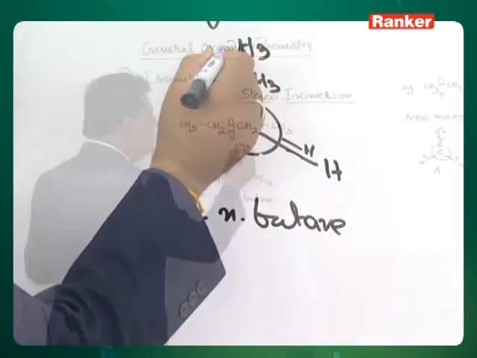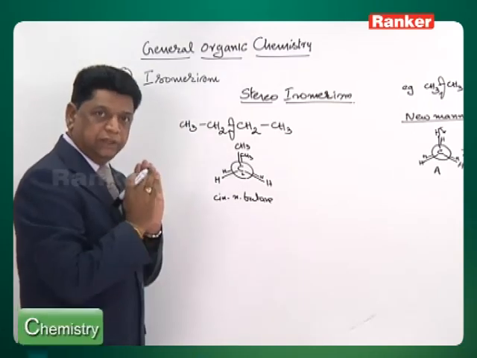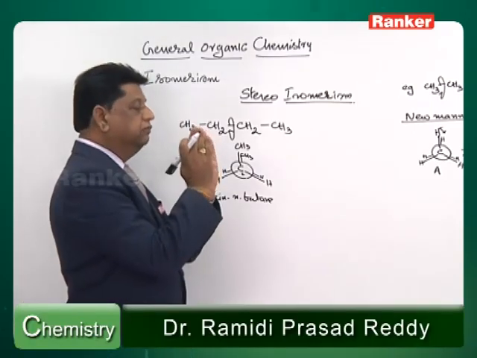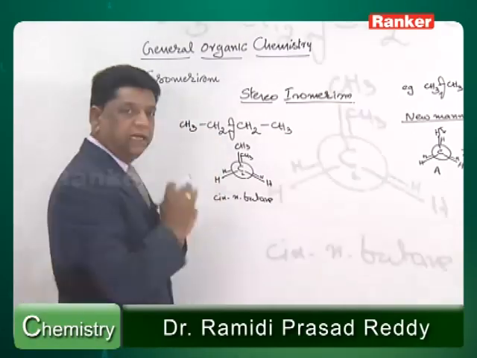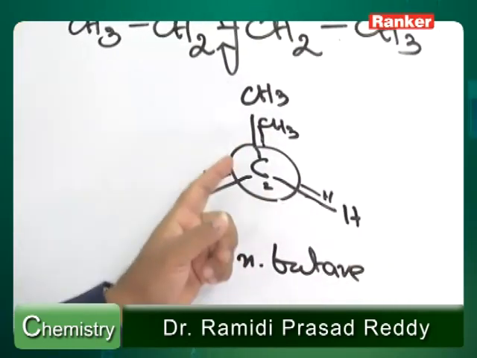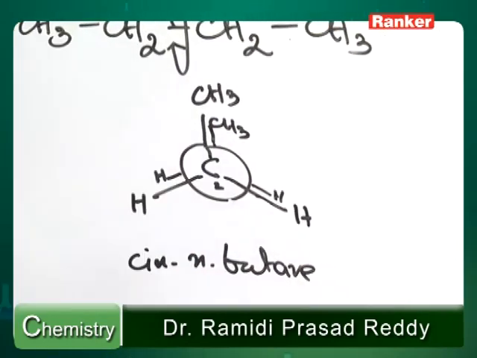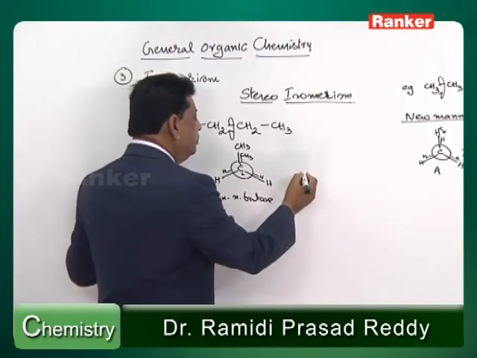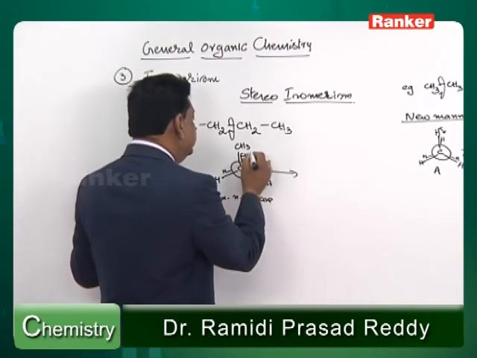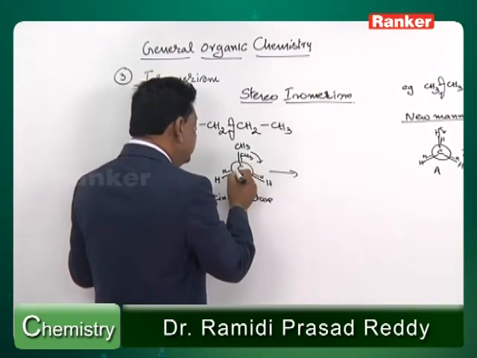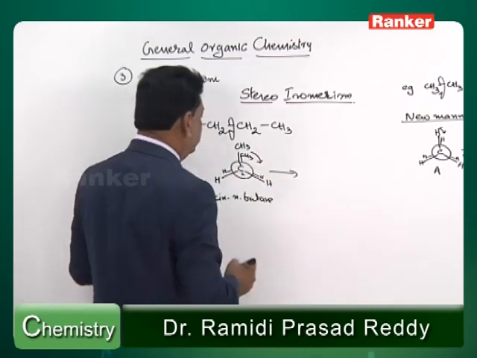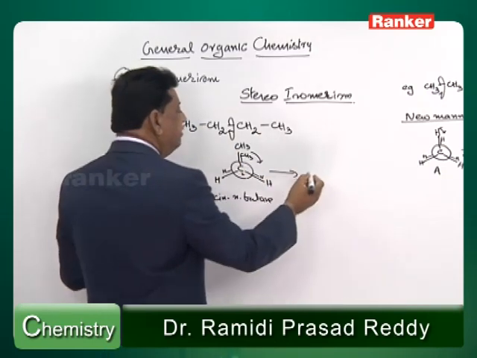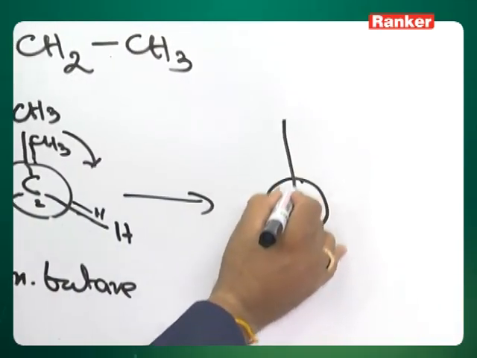So where two methyls are exactly overlapping, strictly speaking the first methyl covers the second one exactly, but for the sake of studying I have written them slightly side by side. Now you rotate 60 degrees between the second carbon and third carbon, keeping the first carbon's methyl as it is.